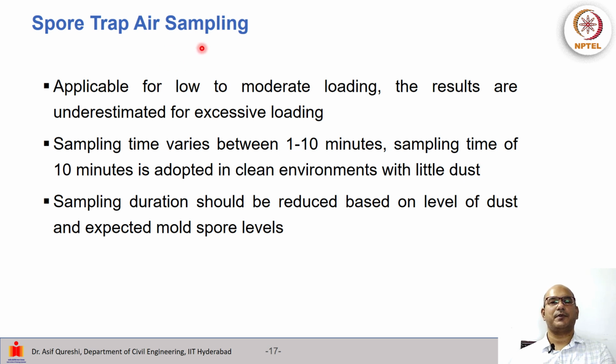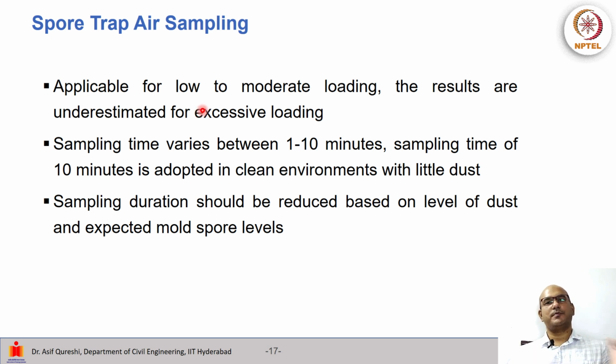Spore trap air sampling is generally applicable for low to moderate loadings, and the results are underestimated for excessive loading because we only have a limited amount of surface area available for the biological material to attach.